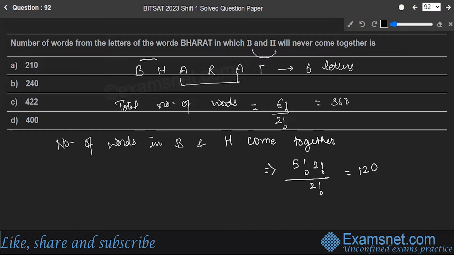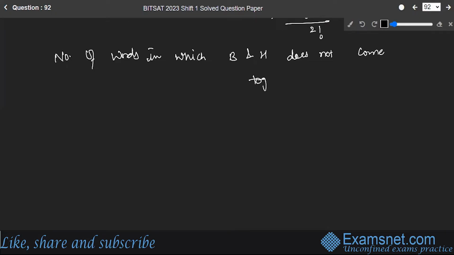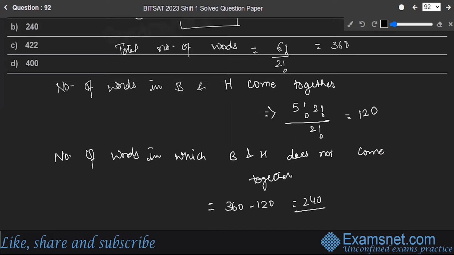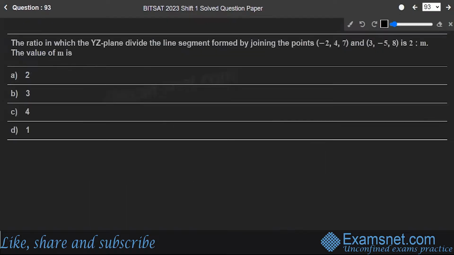This is equal to 120. So the number of words in which B and H do not come together will be the total, 360, minus 120. So the difference is 240. So the correct answer to the question is option B. Hope you got that. Next is 93rd question.